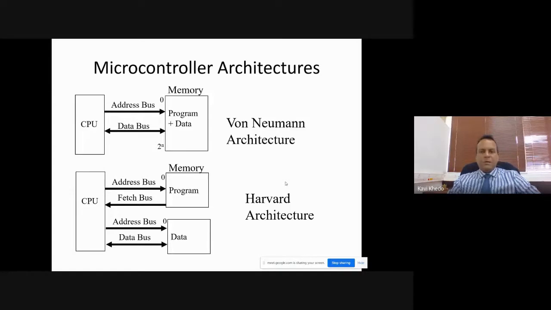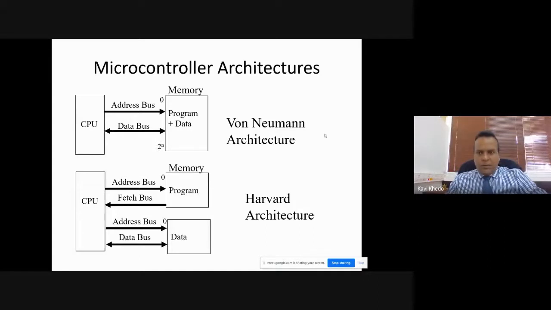I think in the lab I was mentioning this to you, that normally most microcontrollers follow either one of those two architectures. This is very important for you to understand: what is the difference between a von Neumann architecture and a Harvard architecture.